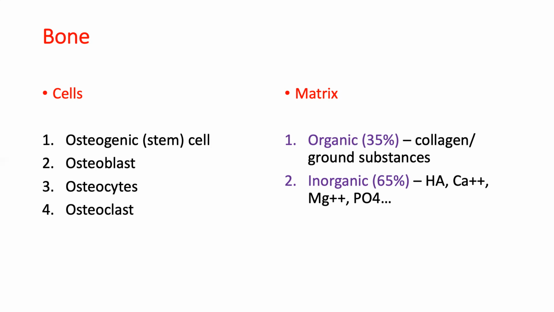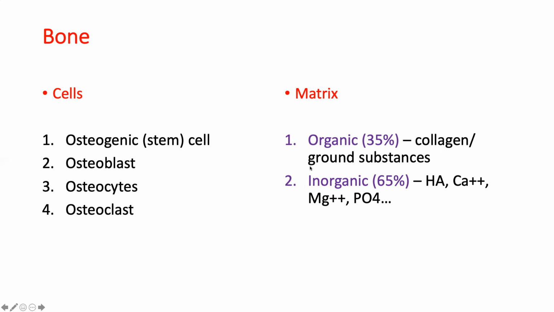Our bone matrix is made of, of course, matrix means fibers and ground substances. The fibers in the bone are collagen fibers, and because collagen contains carbon, we call it organic matrix.